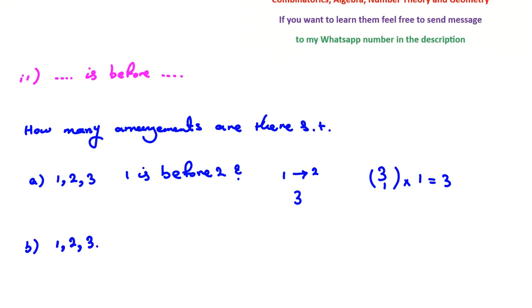For example, suppose we have 1, 2, 3, 4, 5, and 1 is before 2, and 2 is before 3. So try this one first on your own.